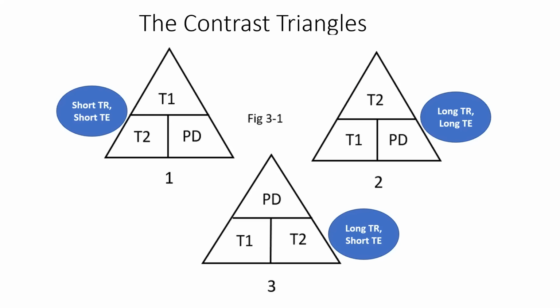Finishing up, a long TR is going to minimize T1. A short TE is going to minimize T2. So process of elimination, who's going to win if you minimize two of the three? The two that are minimized are going to let the one that's not minimized win.